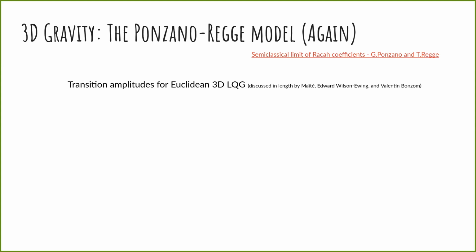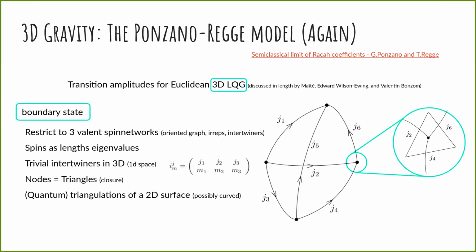So the Ponzano-Regge model provides transition amplitudes for Euclidean 3D loop quantum gravity. In particular, 3D loop quantum gravity lives at the boundary of these transition amplitudes. In 3D loop quantum gravity, you restrict your spin network states to be three-valent.